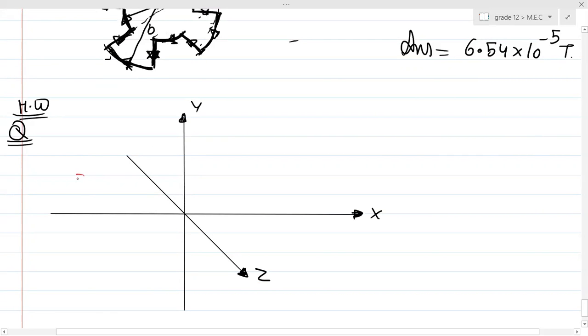Now the wire is basically coming from here. This is at a distance of a units. Then it goes up.